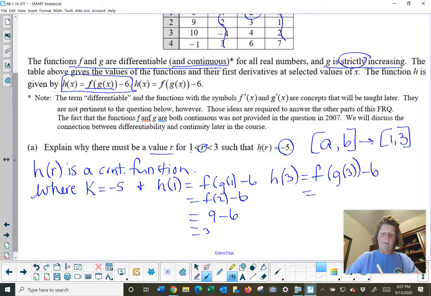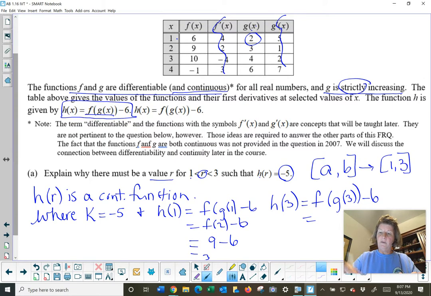G of 3 is 4. So now this generates F of 4. I'm writing that just to make it a little faster. F of 4 is negative 1 minus 6. So I'm getting H of 3 equals negative 7.